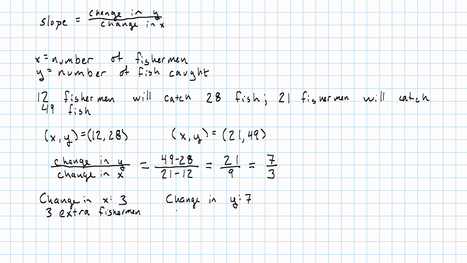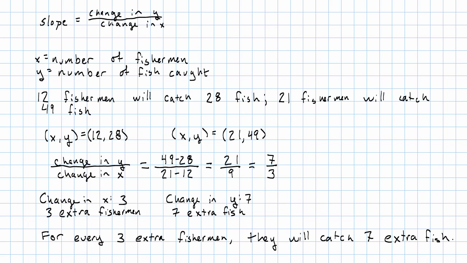And a change in y of 7 means 7 extra fish. So the way we understand this is, for every 3 extra fishermen, they'll catch 7 extra fish.